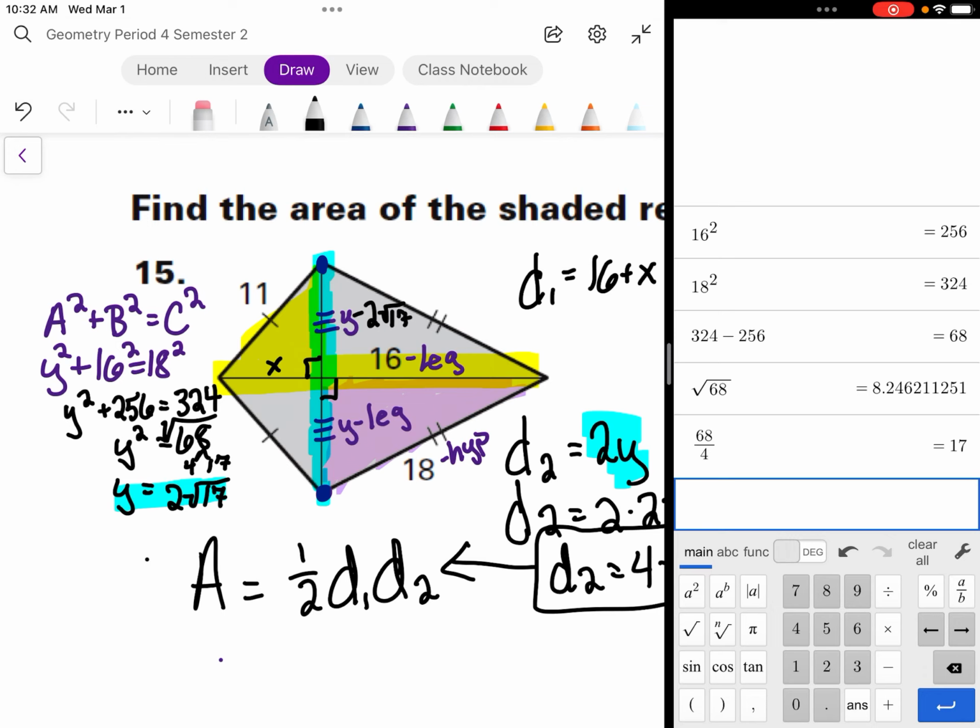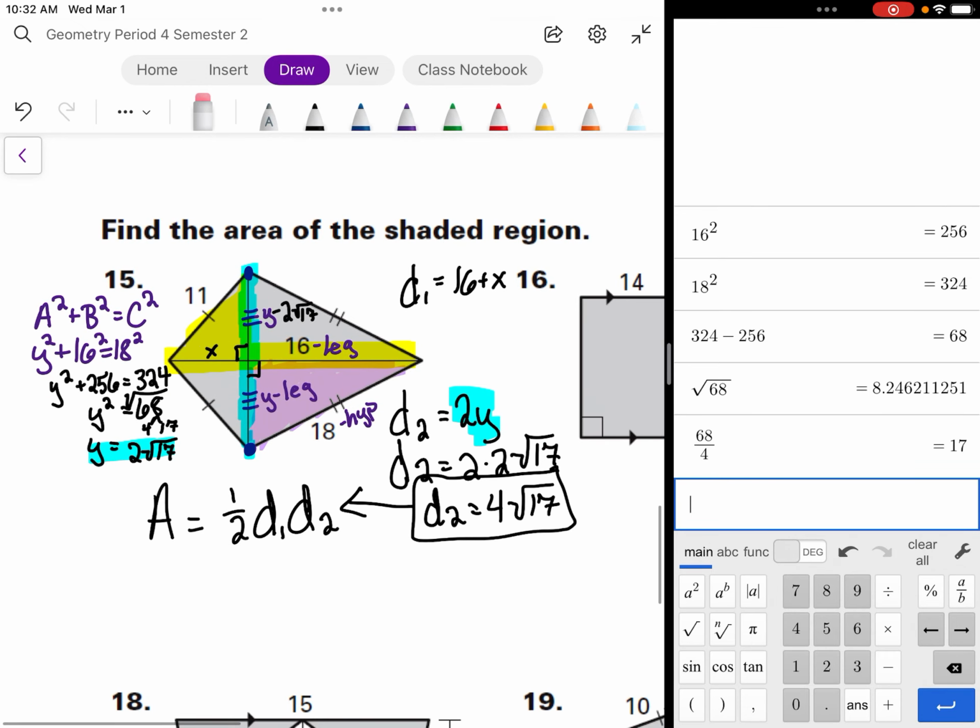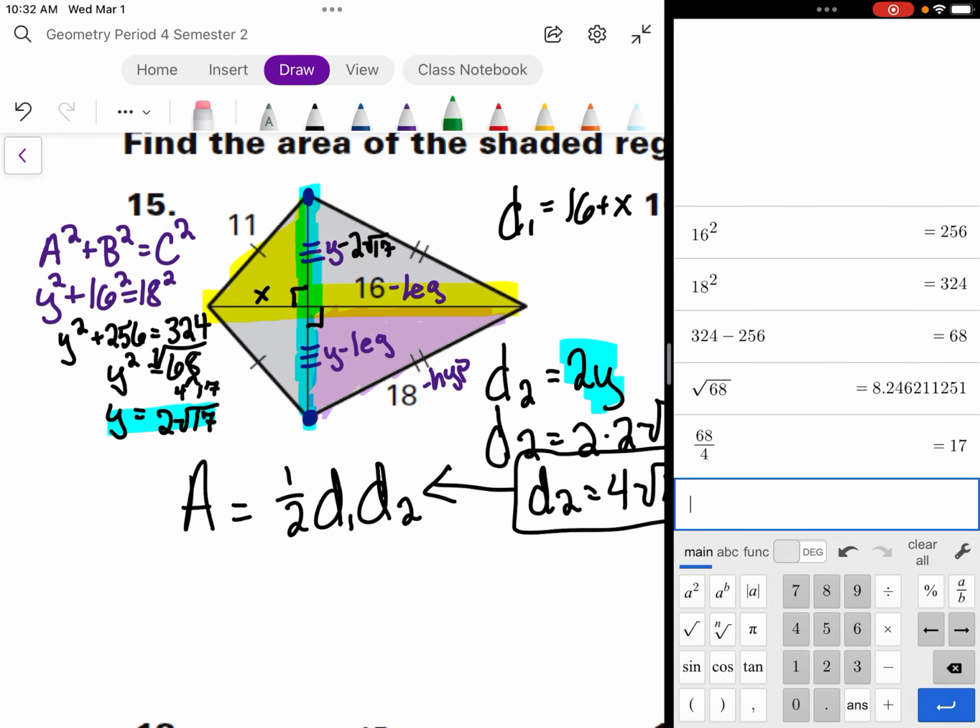So in this yellow triangle in the top left, we now know two sides, which gives us enough information to solve for x. And again, we are going to be using Pythagorean theorem for that one. So y is the hypotenuse, because that is opposite of the 90-degree angle. So we would end up with x squared plus 2 square roots of 17 squared equals 11 squared.